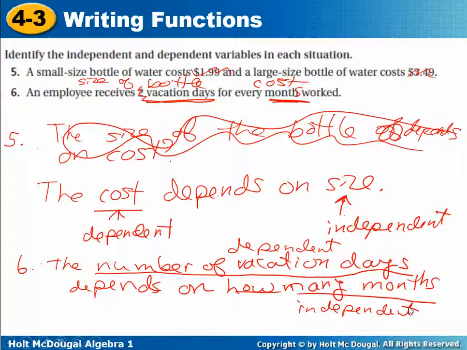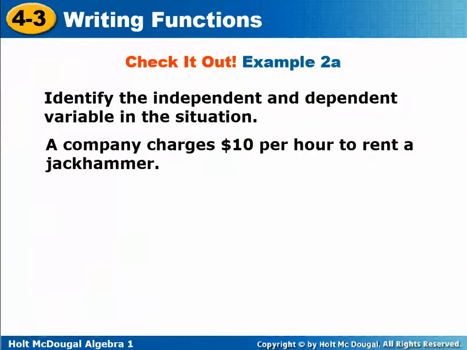Okay? Hopefully that makes some sense. Here's another example. Try this one. A company charges $10 per hour, that's one of our variables, cost, to rent a jackhammer. So which one depends on which?